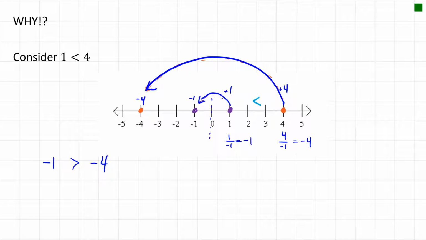And when you flip them, you get that -4 is now smaller than -1. So that's the sort of visual way to show why that inequality sign is flipping when you divide by a negative number. And it's because the numbers that you're comparing are flipping over 0 when you divide by -1 or multiply by -1, which means that we need to flip their order when comparing them with a greater than or less than symbol.